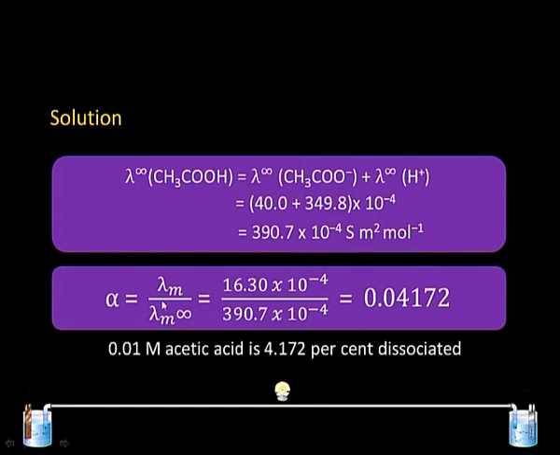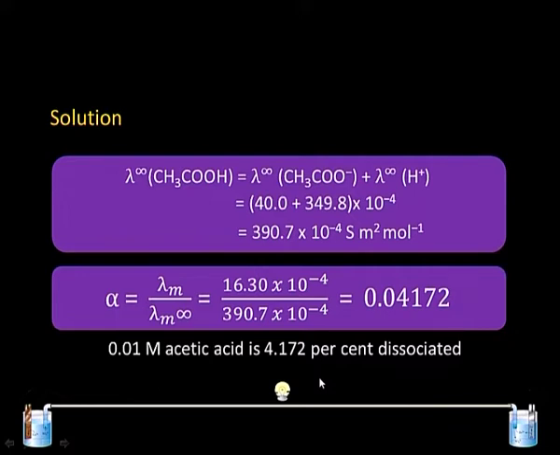And the moment we have lambda infinity, we know that the degree of dissociation is related to that term. So, the ratio of equivalent conductance at a given concentration to the equivalent conductance at infinite dilution suggested a value of 0.04172, and when we convert into a percentage, we get a value of 4.172, which suggests that the dissociation of the acetic acid is 4.172 percent, which means that out of 100 molecules, 4.172 molecules are able to dissociate.